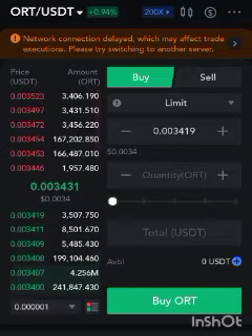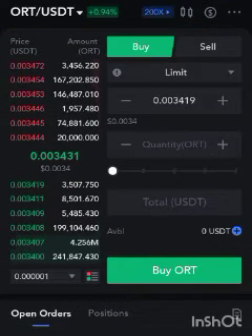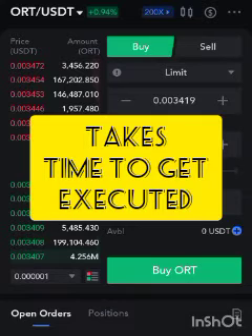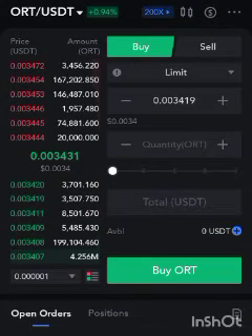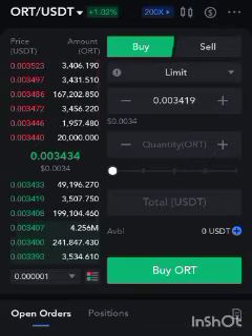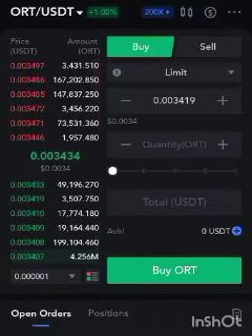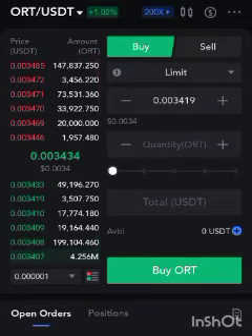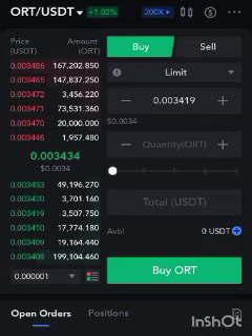This is going to work, but it's going to take some time. Your order will get executed, but it will take some time, because at that moment no seller is interested in selling cheap. For a seller to make profit, they need to sell expensive. So one reason your order is not getting activated is that it has not reached the seller's selling price.